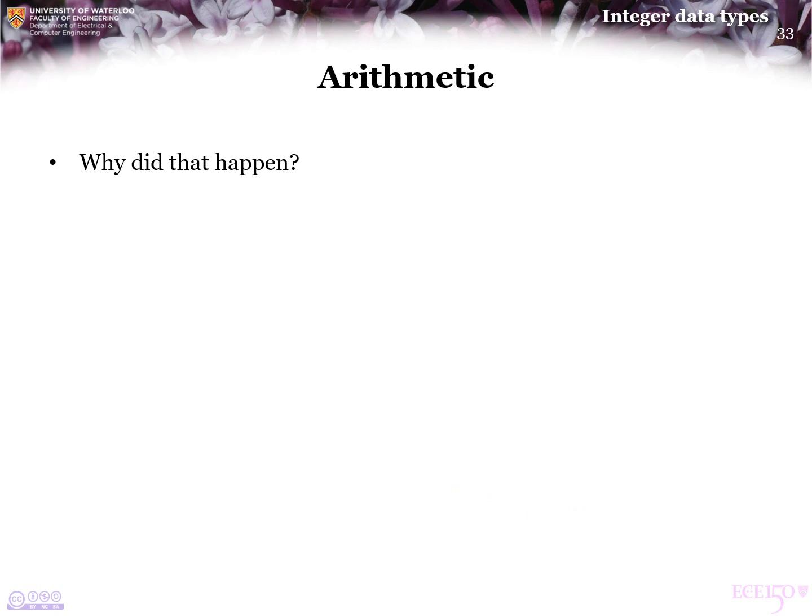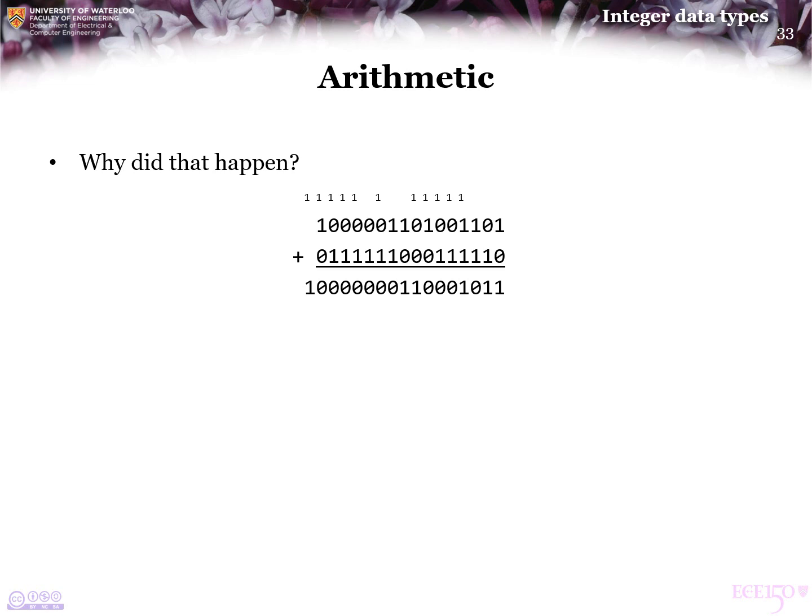Now, how did that happen? Well, let's take a look at this. Here we see the first number, which was stored in 2's complement representation, as it was negative, so the leading bit is now 1. And the second, slightly larger integer was positive, and that is second in this sum. If we now add these two numbers together, we have a number of carries, but we're going to ignore the leading one.